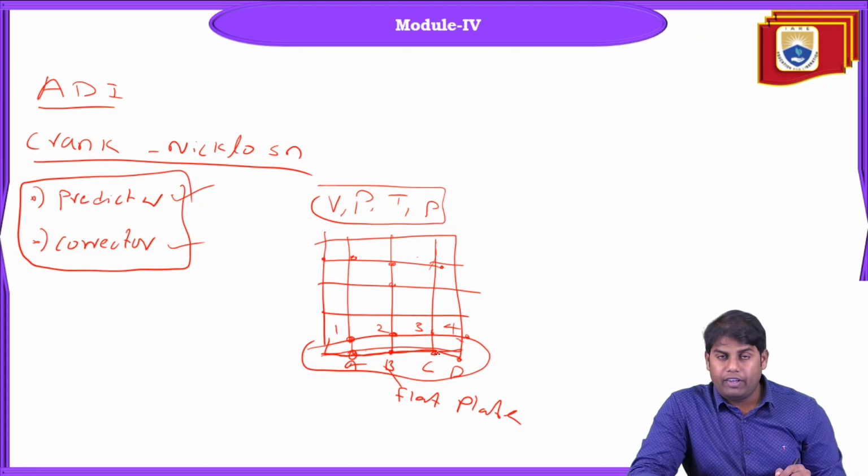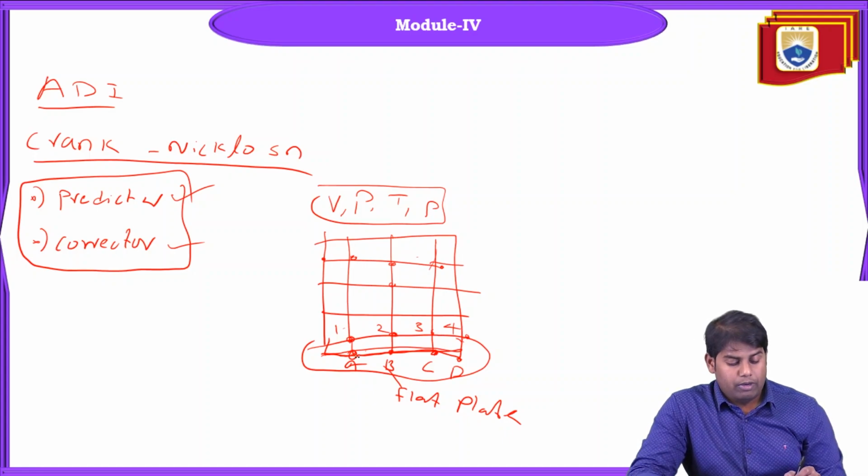That we need to know. When you take A, B, C, D, they are called boundary points, where the values we supply are very different from the internal points, or the internal field. So let's say you have 1, 2, 3, 4. At 1, 2, 3, 4, you can give a value of velocity as 0 or 1 meter per second or 2 meter per second or 5 meter per second.